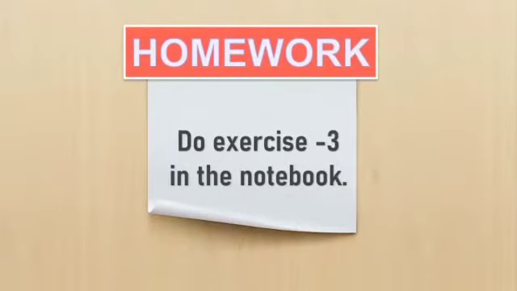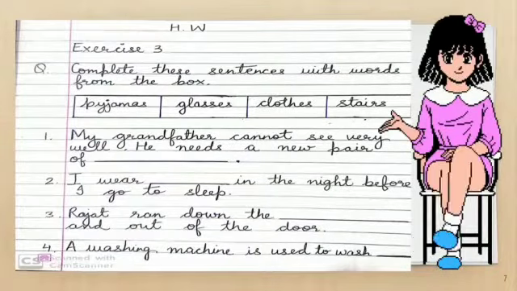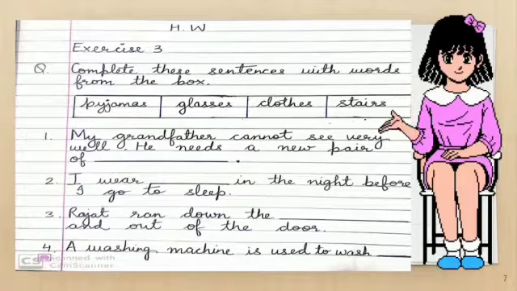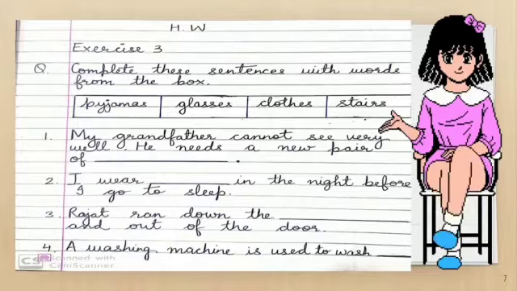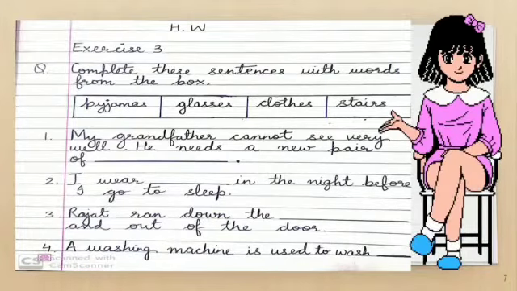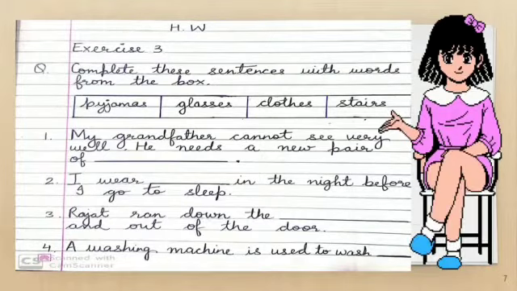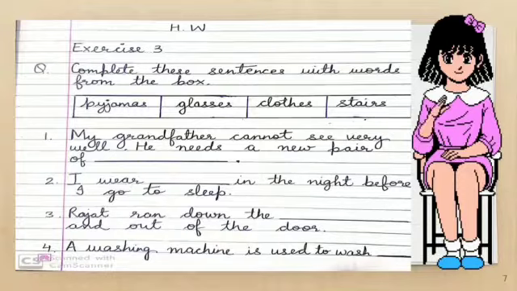Children, next is homework time. Do exercise number 3 in the notebook. Exercise number 3 is: complete these sentences with words from the box. Children, you have to make the help box in your notebook. In the help box, you are going to write the words that are in plural form: pajamas, glasses, clothes, and stairs. Number 1: my grandfather cannot see very well.